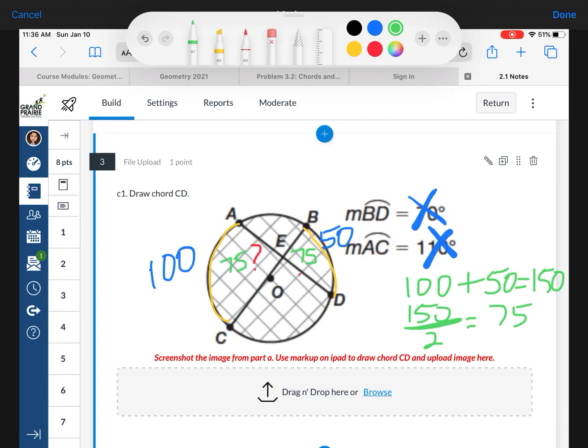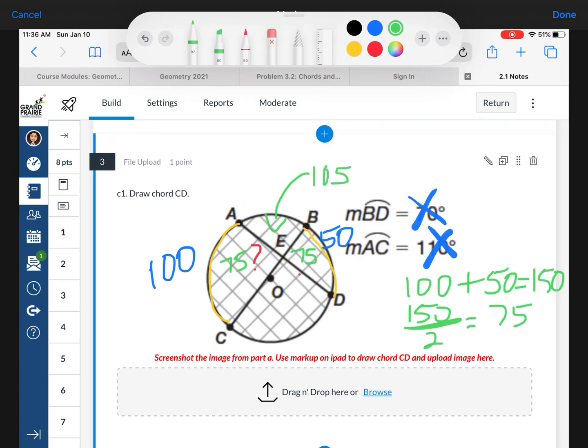Now, if they ask you for this one, remember that 75 plus what would give you 180, because they make supplementary angles. These two form supplementary angles, and so you could say what's 180 minus 75, and that gives you our answer here.